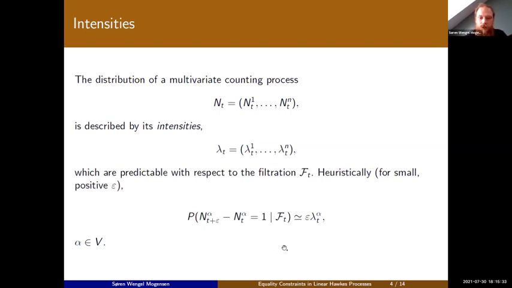That's what's encoded in the bottom equation. It says that if I look at a very small time interval, then the intensity of the alpha process describes how likely I am to observe an event, which would make this difference of the counting processes equal to 1, meaning that an event occurred.